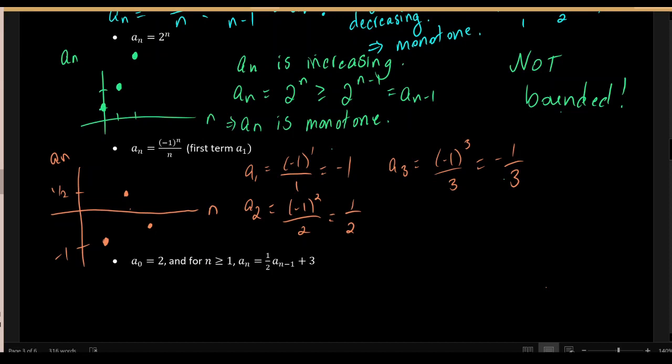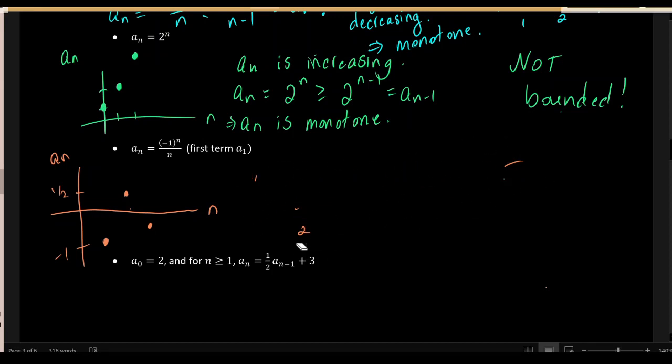So already I suspect that this sequence is not monotone. The sequence definitely cannot be decreasing, because moving from n equals 1 to n equals 2, the values went upward. However, moving from 2 to 3, the values went downward.